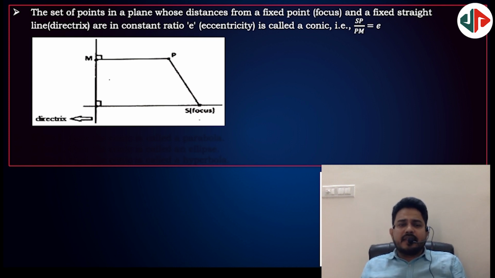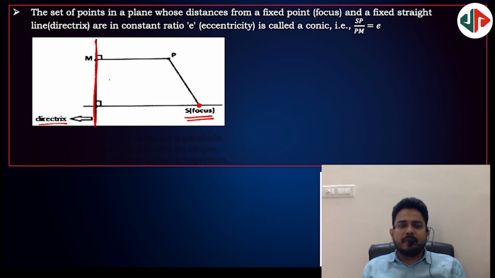So, if there is a fixed point and a fixed line, this is a fixed line and this is a fixed point. This fixed point is called the focus and the fixed line is called the directrix.